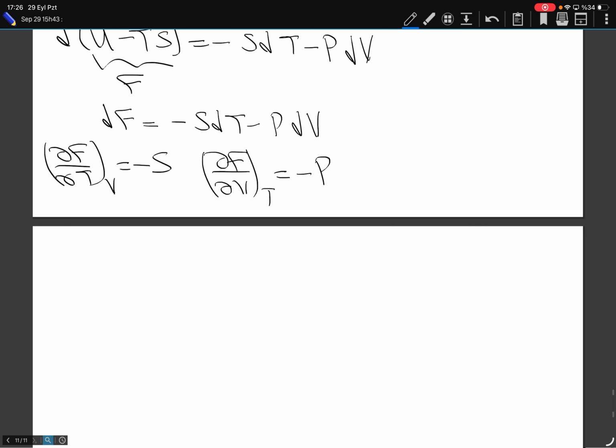Now I can obtain the second derivatives, which will give me relations between the derivatives of entropy and the pressure. So, for example, the derivative of entropy with respect to volume at constant temperature will be the second derivative of free energy with a minus sign.